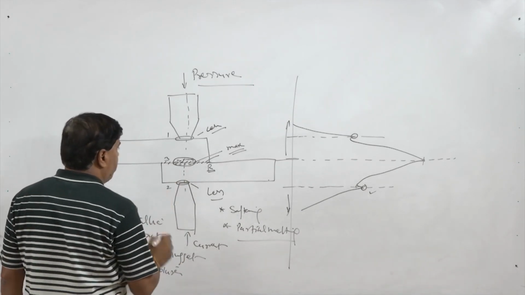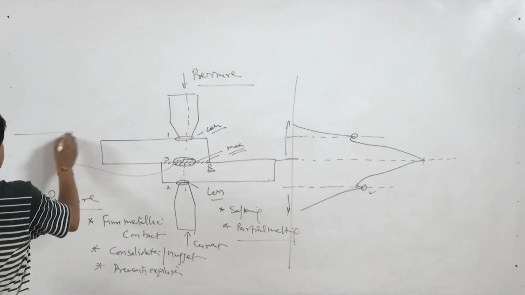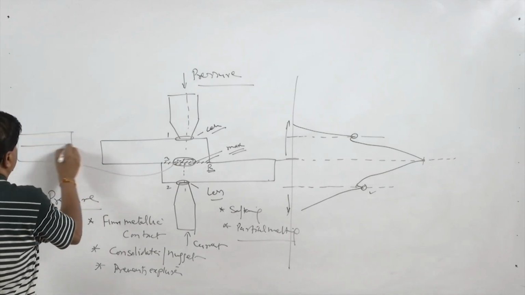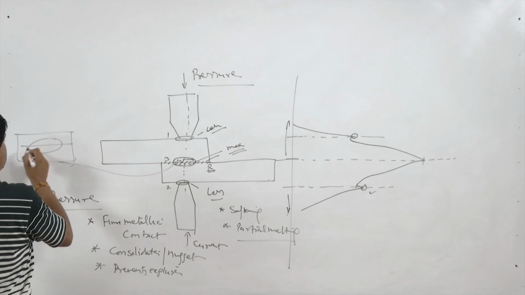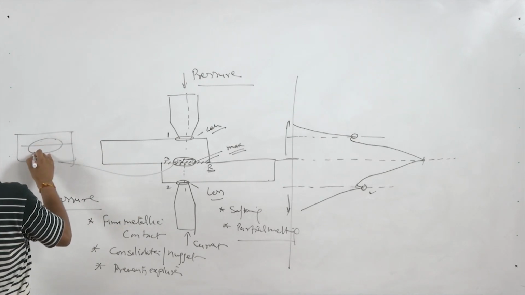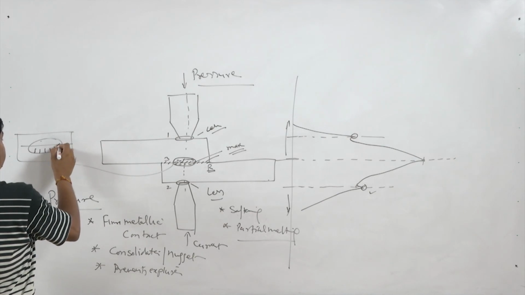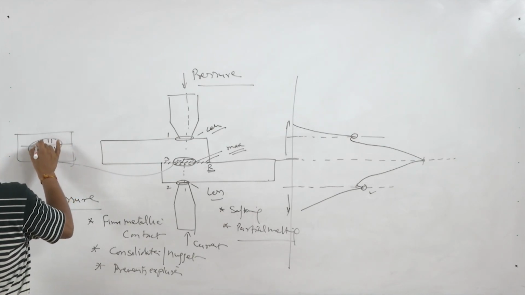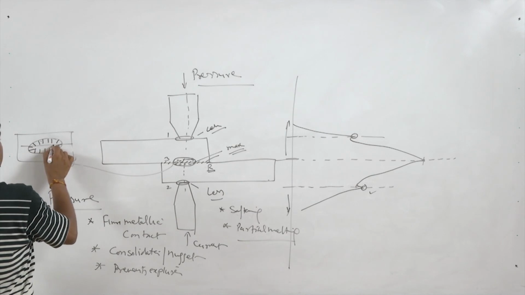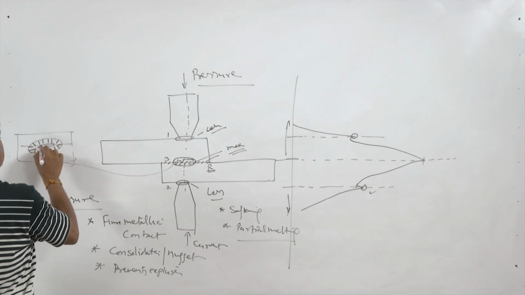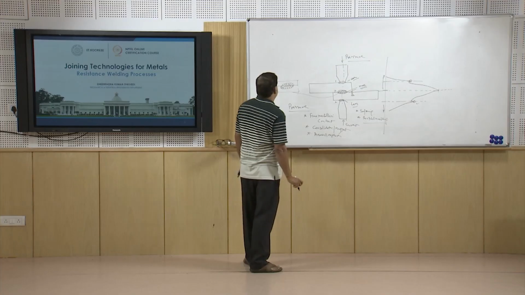If we see this portion in magnified form like this, this is the fused portion which will solidify, and this solidification normally takes place through these columnar grains, and here we will see that the equiaxed grain structure is formed.